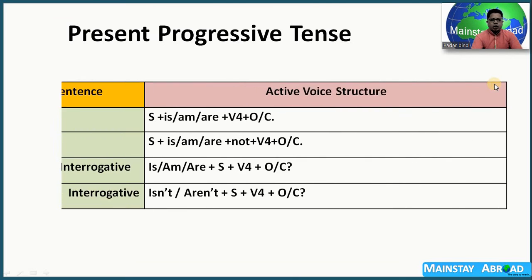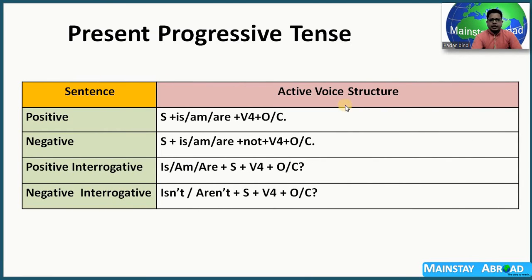Fine. Now focus. Here I would like to tell you some active voice structures which are highly required for us. We have four sentences: positive, negative, interrogative and negative interrogative. So what is the best structure of present progressive tense? Subject plus is, am, are, then V4, then object or complement. In negative we have to put not.